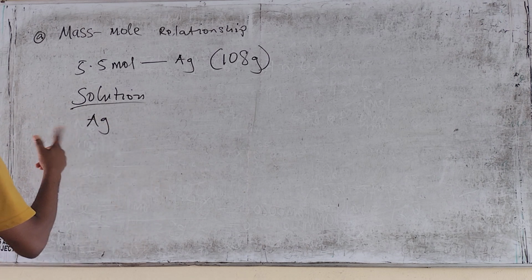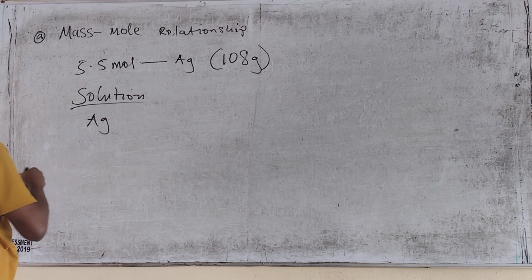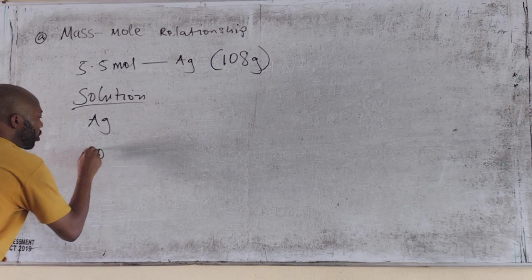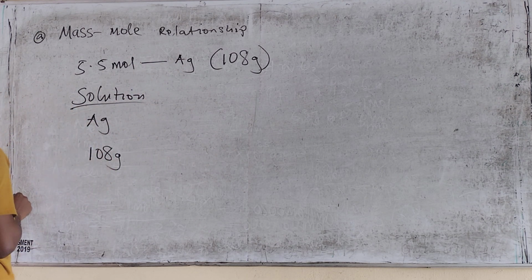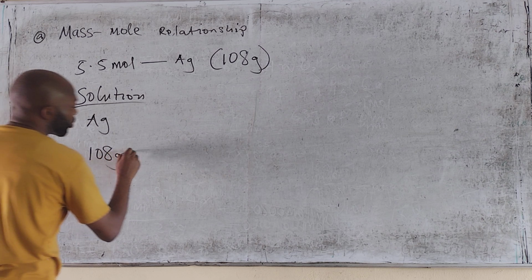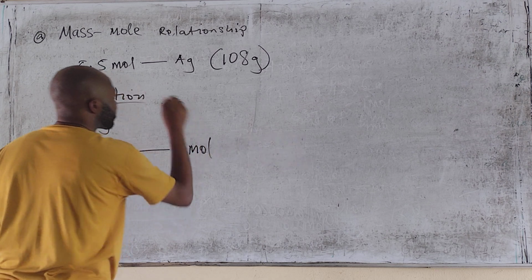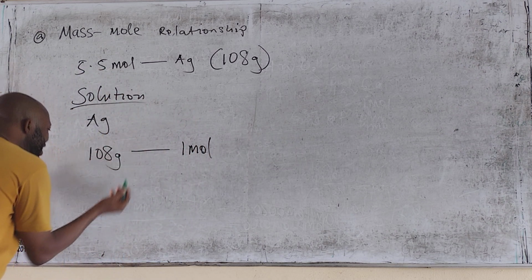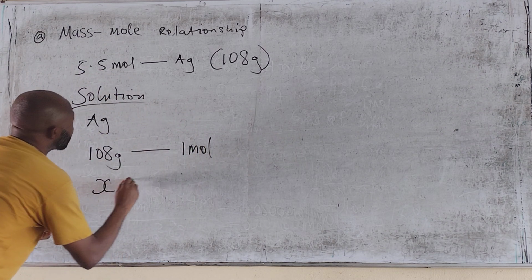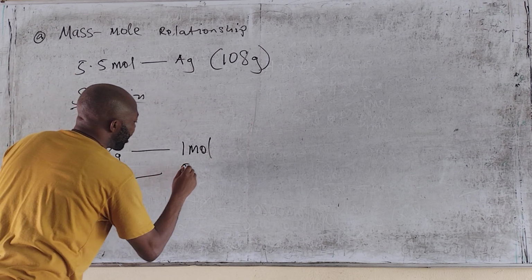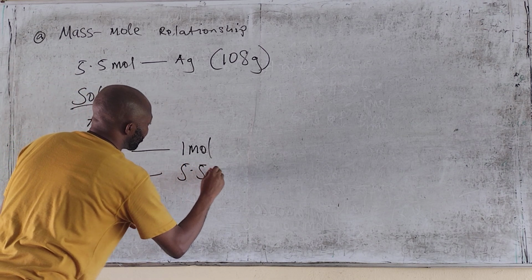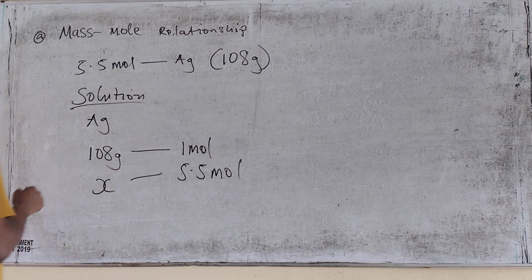Now, 108 grams, which is the mass, is equivalent to how many moles of silver? 1 mole of silver. Now, how many grams will give me 5.5 mole?